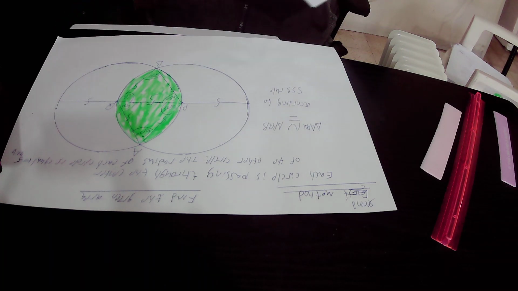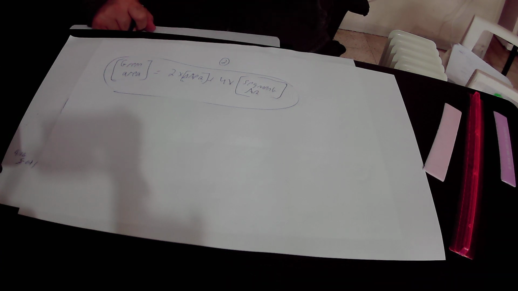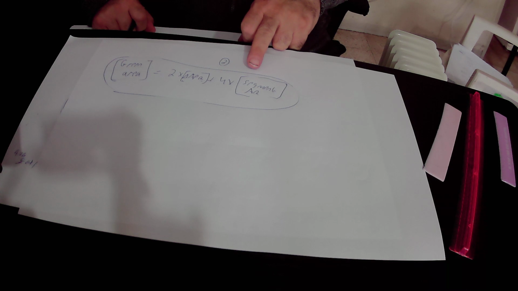We'll repeat again. The green area will be equal to 2 times the area of the equilateral triangle APQ plus 4 times the area of segment AQ.